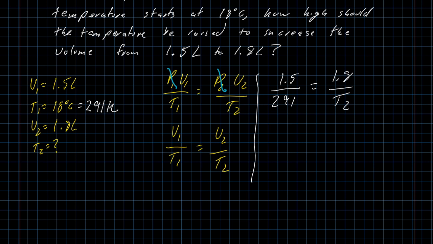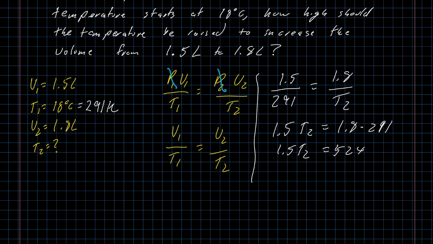We have here a proportion. We can solve a proportion using the cross product test. 1.5 times T2 is equal to 1.8 times 291. My calculator is happy to tell me that 1.8 times 291 is about 524.